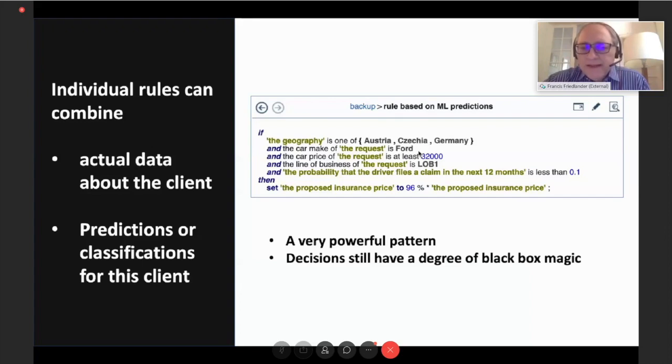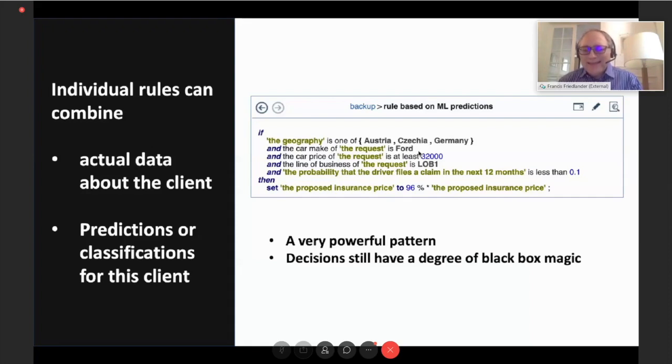So the probability that the driver is going to file a claim in the next 12 months, if this parameter is less than 10%, you consider that this client is not risky. And so you use machine learning to make such a prediction, right? This pattern of injecting machine learning predictions or classifications in business rules is extremely powerful. Somehow you get the best of both worlds.